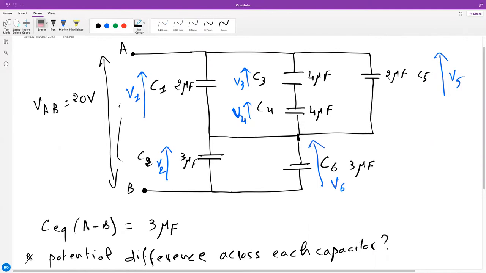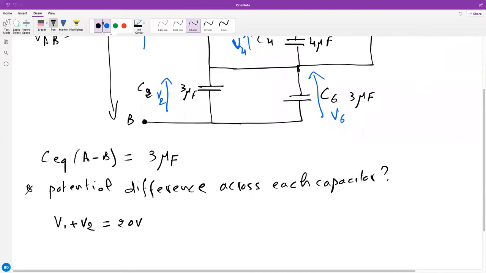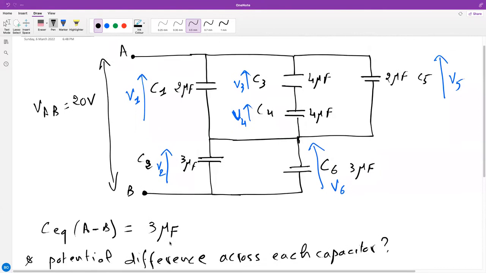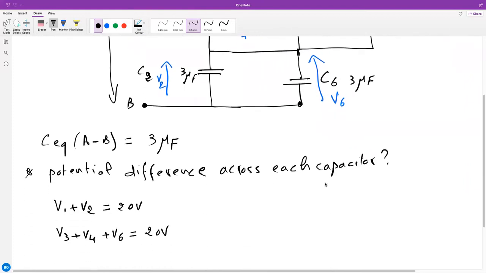So this is the first equation. Also, if you look at V3 plus V4 plus V6, they are also equal to 20 volt. If you go from this point until this point, V3 plus V4 plus V6 are also equal to 20 volt.